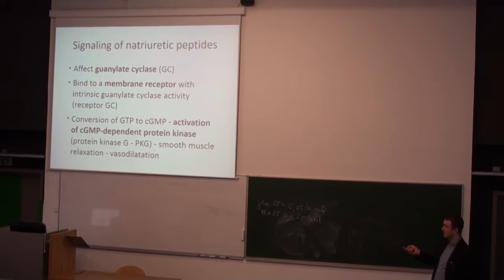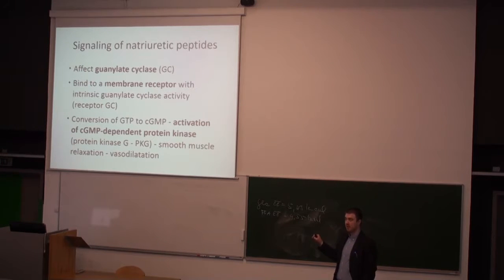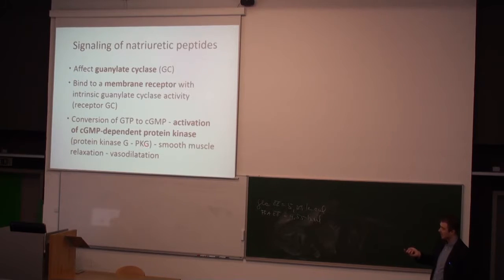Here it's cyclic guanosine monophosphate. As you know, cyclic adenosine monophosphate uses the cyclic adenosine monophosphate dependent protein kinase. So here you will use cyclic guanosine monophosphate dependent protein kinase, and its abbreviation is PKG. So G for guanosine, as PKA is for adenosine monophosphate, simply for you to remember it.